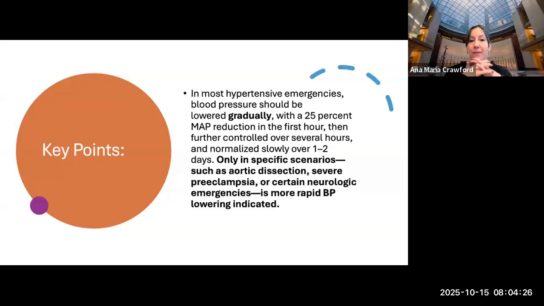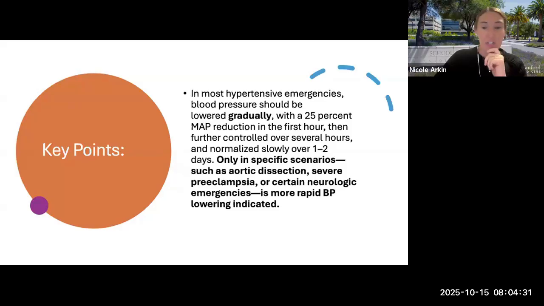What about these specific scenarios that are mentioned in the key points slide? Yeah, so there are a few important exceptions when you just have to get the blood pressure down and you're willing to risk that hypoperfusion because the reason for the hypertension is so dangerous.